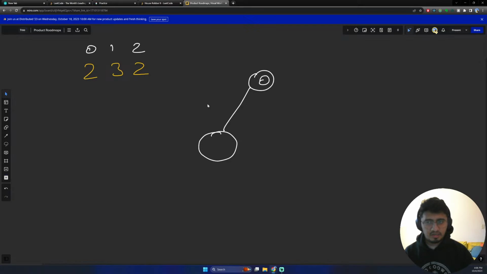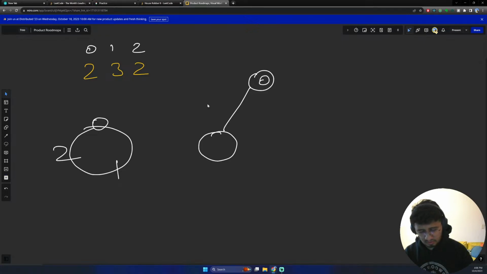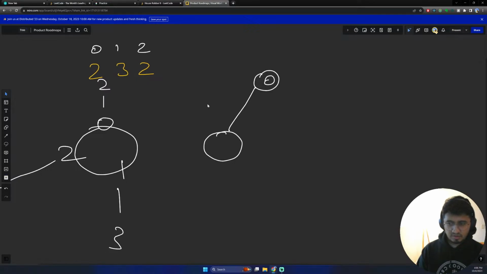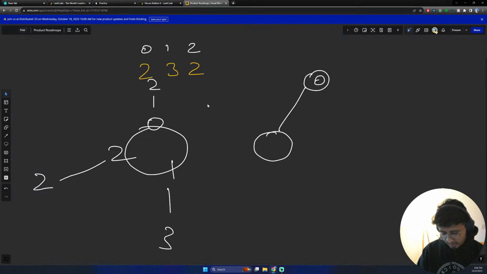But in this case, how can we make sure that these are forming a circle, 0, 1, 2, which has values of 2, 3, 2? So I cannot definitely rob these two. How would you do it?